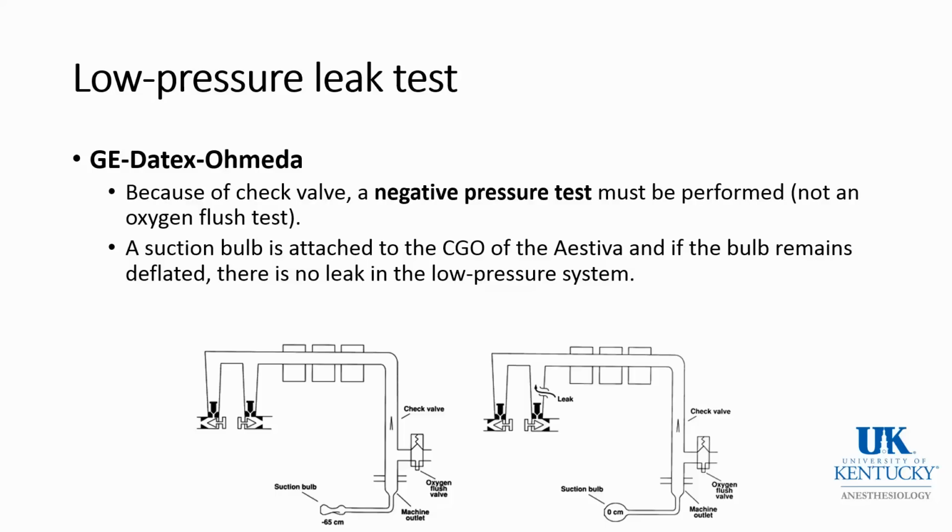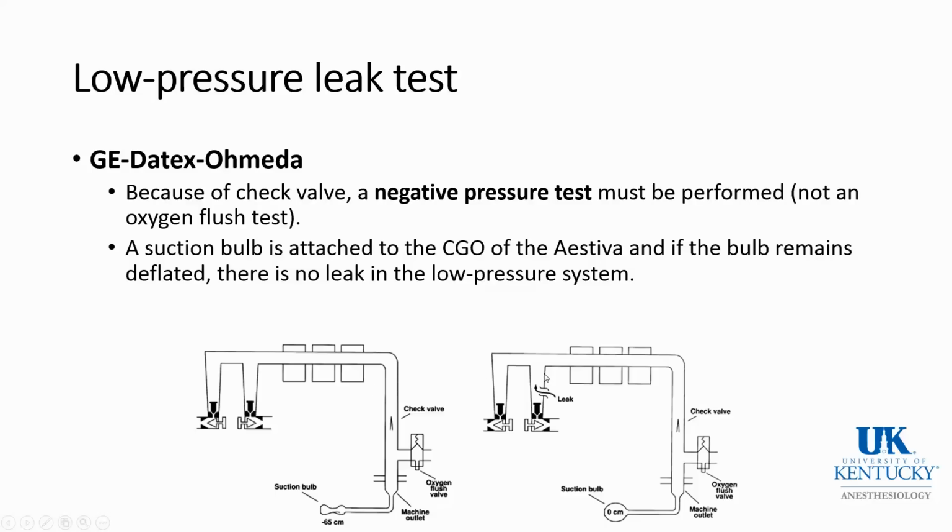In this test, a suction bulb is attached to the common gas outlet. This is a suction bulb. This is shown very clearly in the video link that is referred to earlier in this podcast. So a suction bulb will remain sucked flat if there are no leaks.